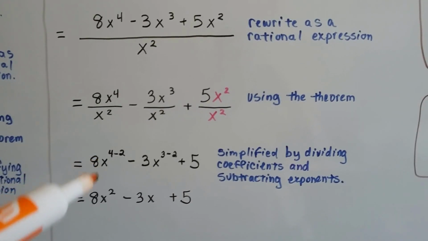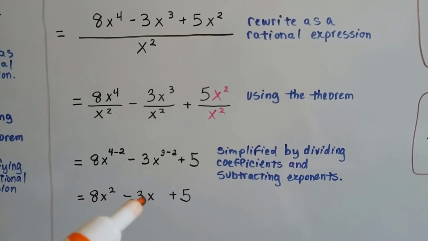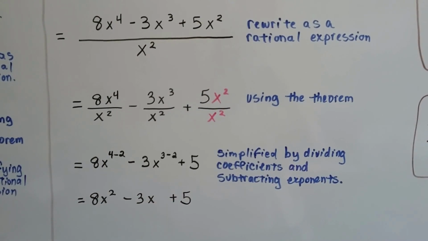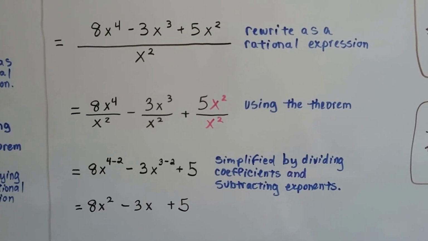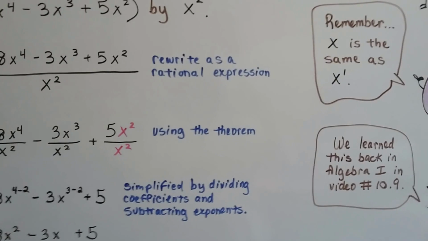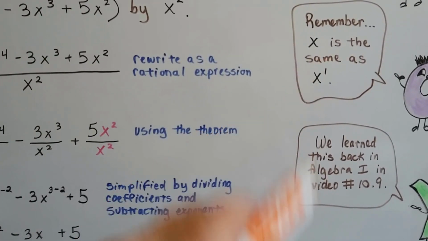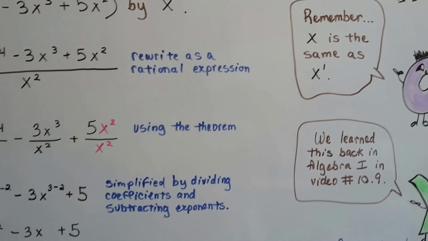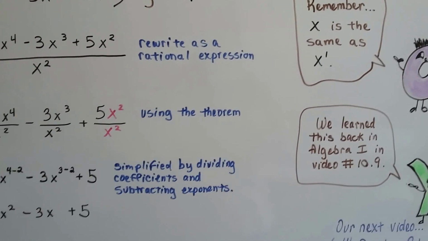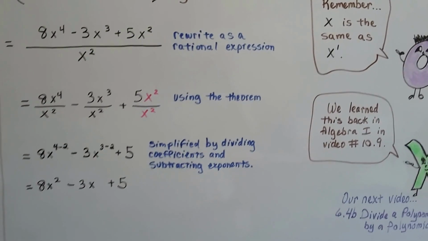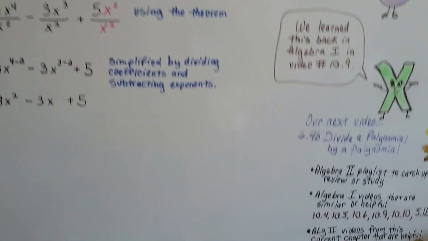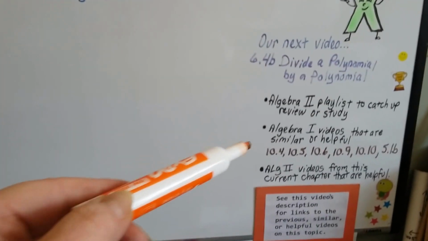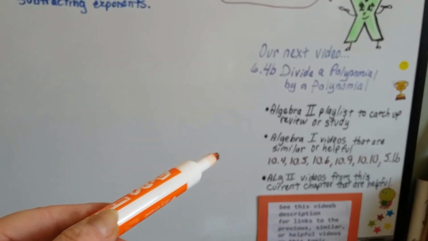This is going to give us an 8x squared minus 3x plus a 5. See? So just remember that x is the same as x to the first power. Remember there's a 1 coefficient in front of a lonely variable. And we actually learned this back in Algebra 1 video 10.9, and there's going to be a link in this video's description for all those Algebra 1 videos that correlate with this one, okay?